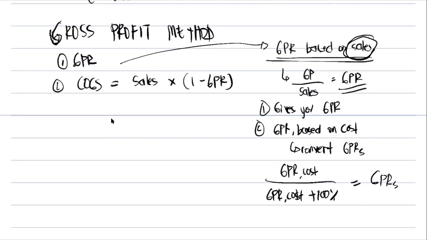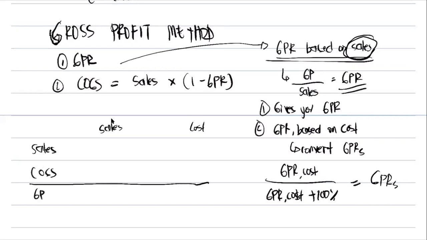Okay, so let's illustrate the difference between a gross profit rate based on cost and a gross profit rate based on sales. So we have here based on sales and based on cost. So how do we compute? We have your sales less cost of goods sold to compute our gross profit. So let's say we will both have a gross profit of 40%, but one gross profit is for sales, another is for cost.